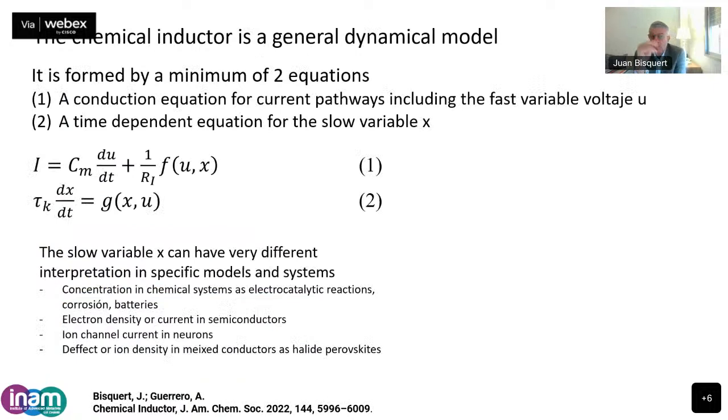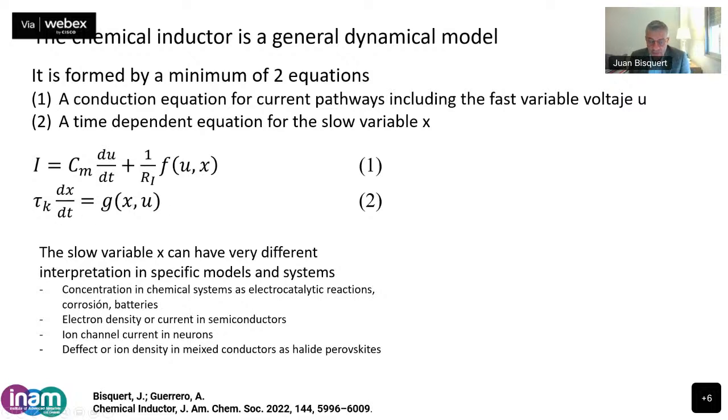So now, the chemical inductor is not related, as I said, to electromagnetic induction. We call it chemical in opposition to the physical electromagnetic induction, and it's formed by the coupling of two different equations. There is one conduction equation and one relaxation equation.